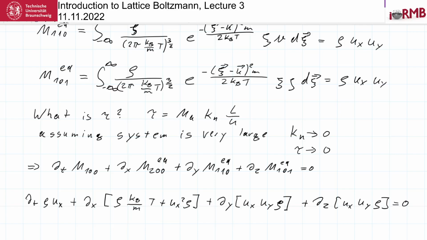So what we generally observe here is that there are multiple nonlinear terms. So we get the product of two velocities and the density, for example.